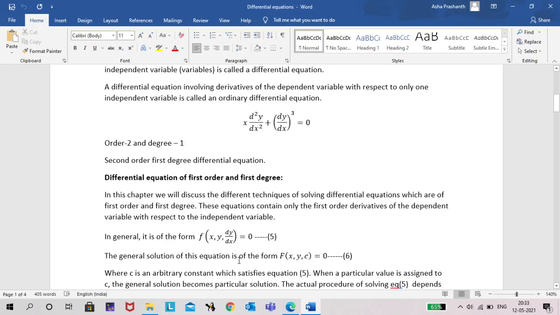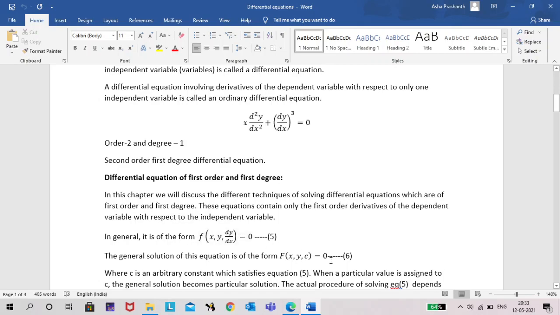The general differential equation is in the form f of x comma y comma dy by dx equal to 0, where x is the independent variable and y is the dependent variable, and dy by dx is the derivative of y. We have to find the solution for this equation. The solution can be written as f of x comma y comma c equal to 0. This is the differential equation of first order first degree.